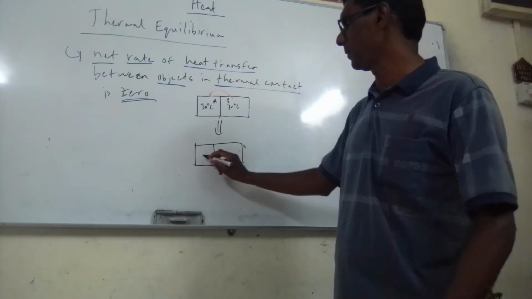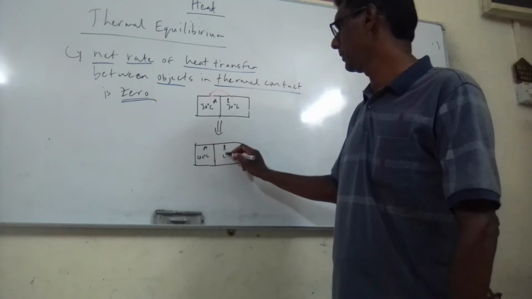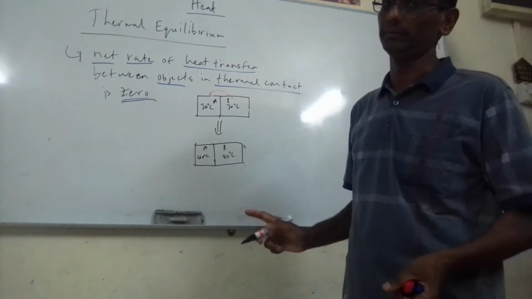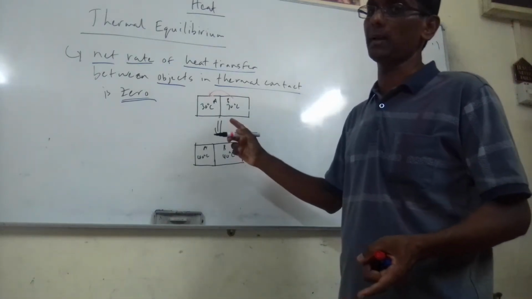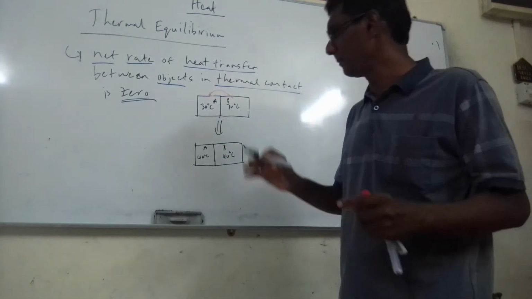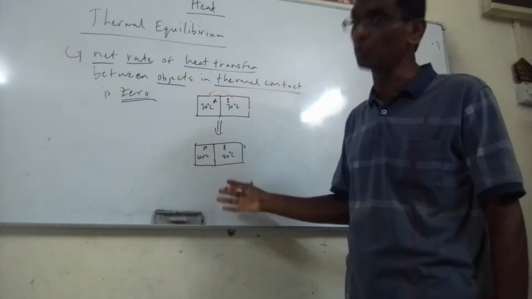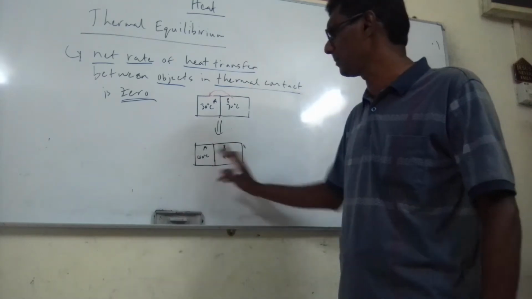For example, 40 degrees Celsius for object A and object B. It's not that 30 plus 70 is 100, average 50. Not necessarily 50. It can be 40 or 45, any temperature, but it must be equal.